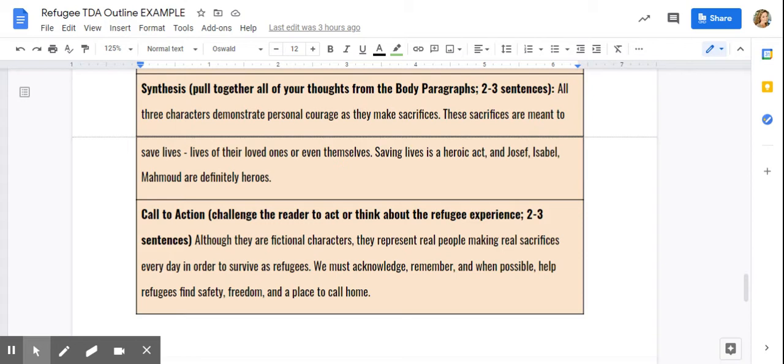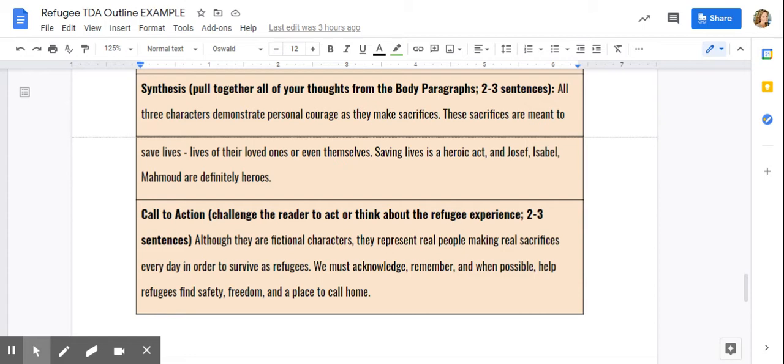You're trying to encourage them to do something, maybe, or to think a certain way, to try to get them to agree with you. So I think the perfect way to end this essay would be a call to action. What that means is you're going to challenge the reader to act or think about the refugee experience in about 2 to 3 sentences. Okay.